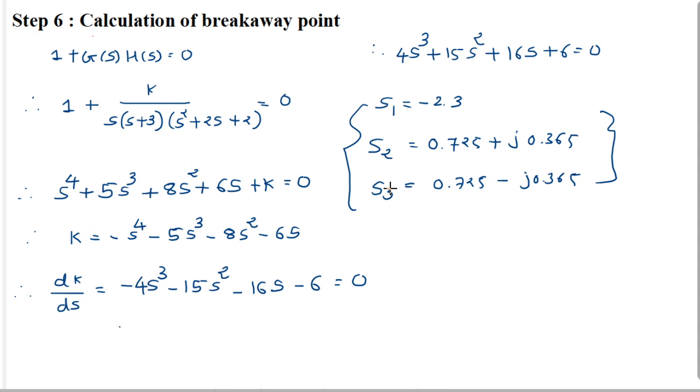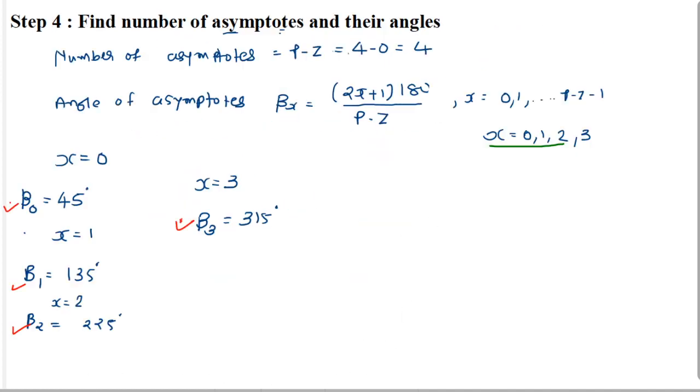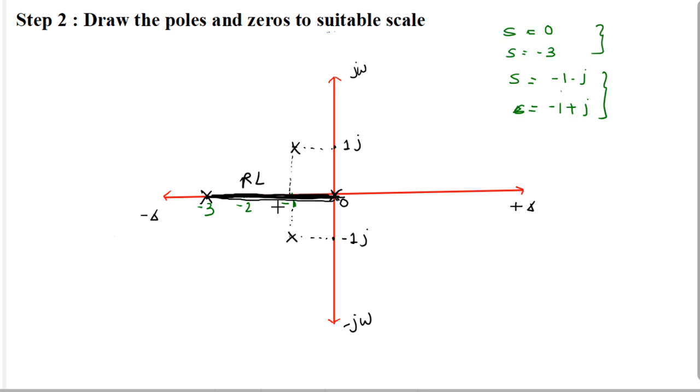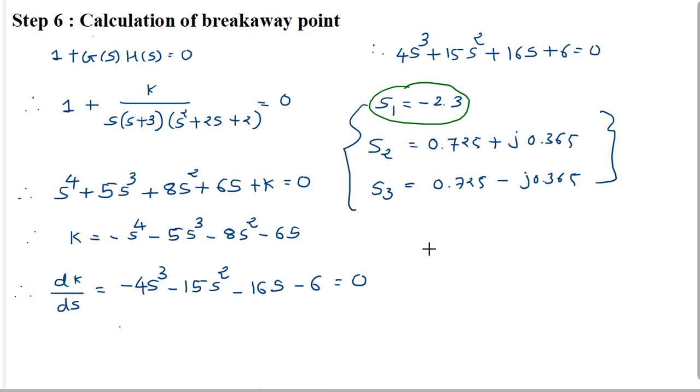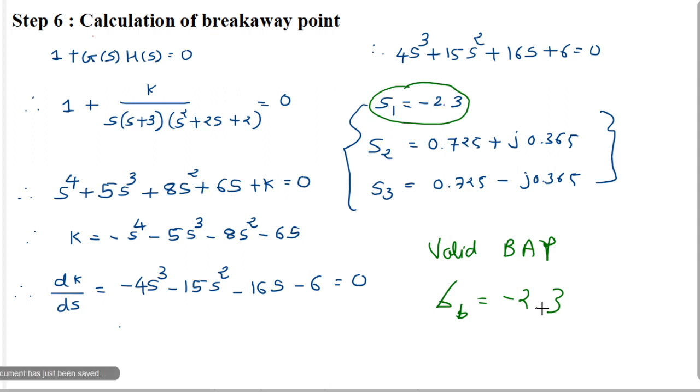Now we know that S equal to minus 2.3 is a valid breakaway point, because our root locus is present in this portion, so we can say that minus 2.3 lies in this portion, so it is the valid breakaway point, that is minus 2.3.